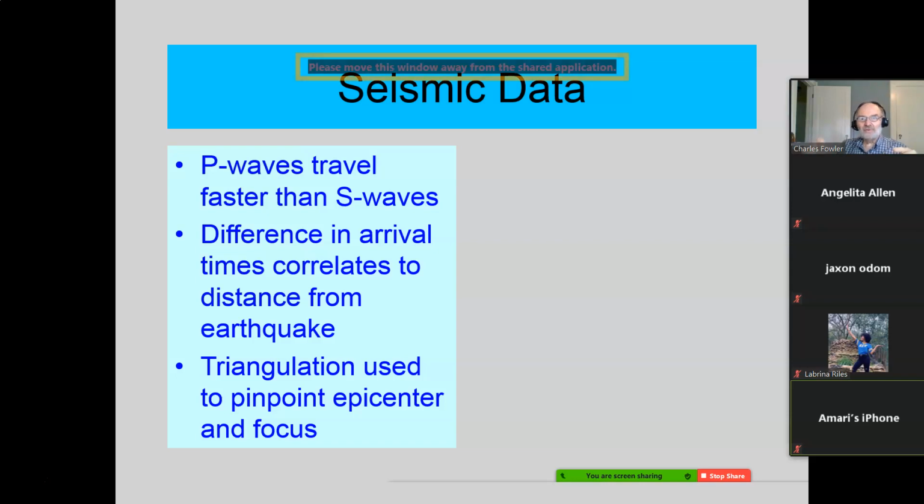So what you can do, if you are here and you know the P waves got in at a certain time, the S wave got in at some time, and that tells you you were 300 kilometers from that earthquake, that means you could take a compass, a circle 300 kilometers big, and draw that on the map. That earthquake was somewhere on that circle, okay?